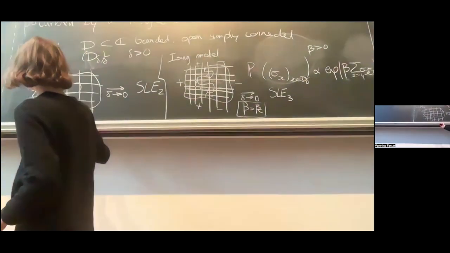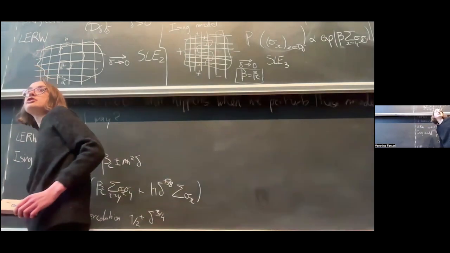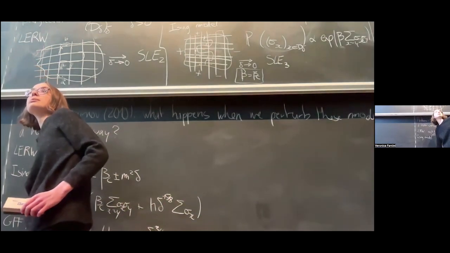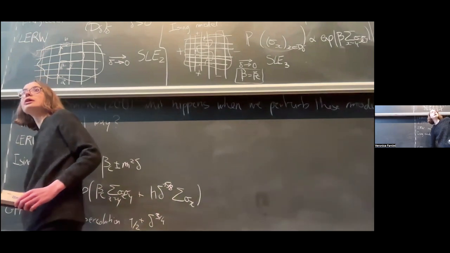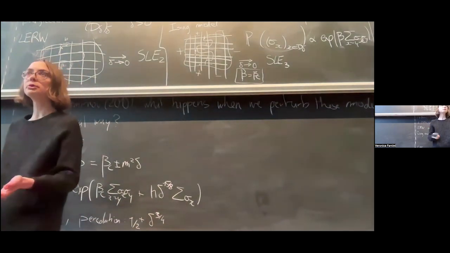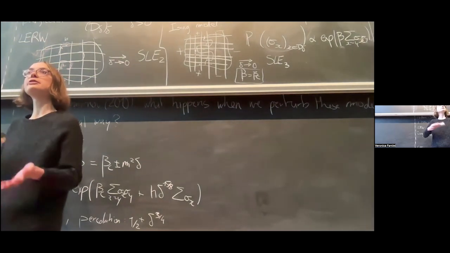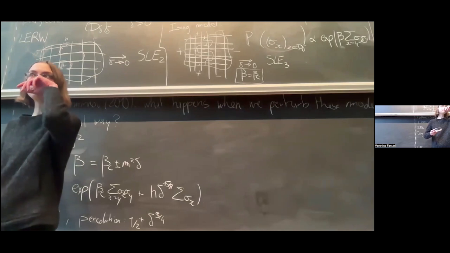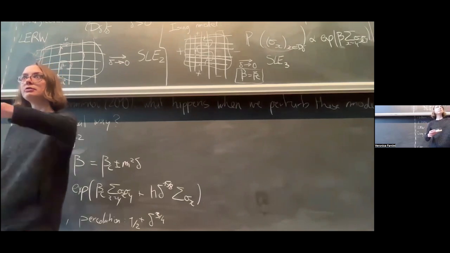So the GFF, instead of taking the usual GFF on your lattice, you take a massive GFF. Instead of having the Laplacian as an operator, you have the Laplacian plus m squared. In the continuum, you impose those minus lambda boundary conditions, and when you have no mass, you get SLE4.